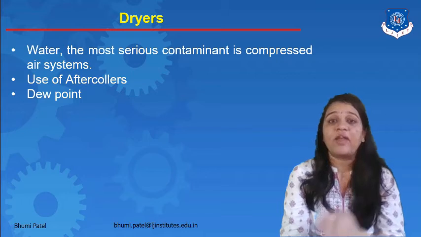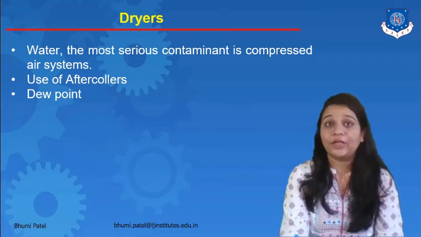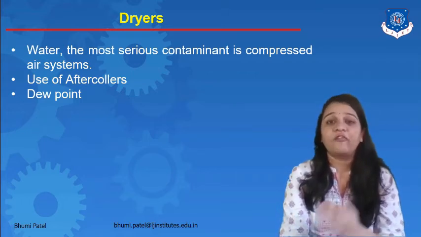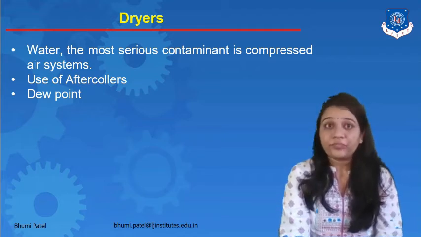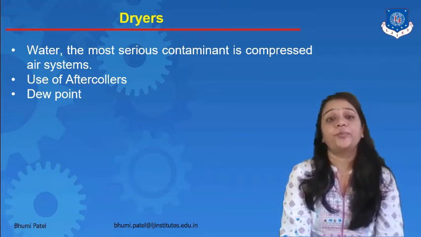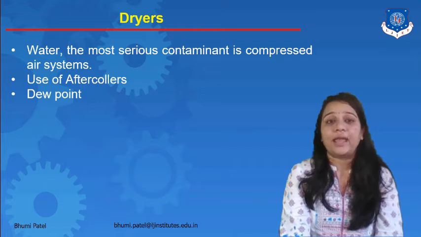Now, when the air-vapor mixture is cooled at constant pressure with the aftercooler, the temperature at which the vapor becomes saturated and the moisture begins to condense is known as the dew point temperature of the air.